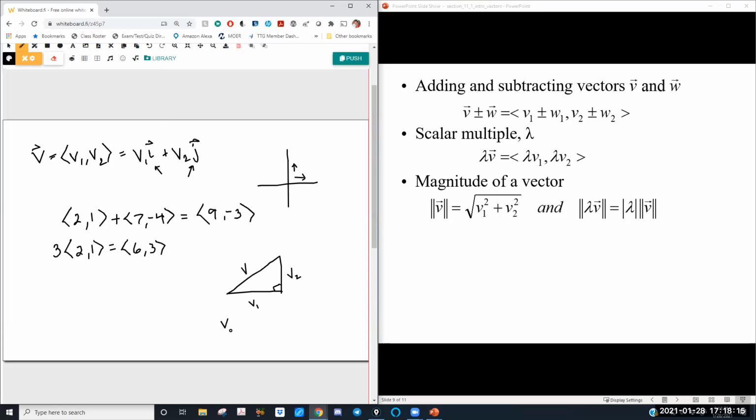If we have a right triangle, we know from the Pythagorean theorem we have this relationship, square root that, and that gives you the magnitude of v. The reason I'm pointing this out is I don't want you to think of these as a bunch of formulas you have to memorize. Adding and subtracting vectors is very straightforward. Scalars is very straightforward. The magnitude is simply the Pythagorean theorem that you have been doing for years.